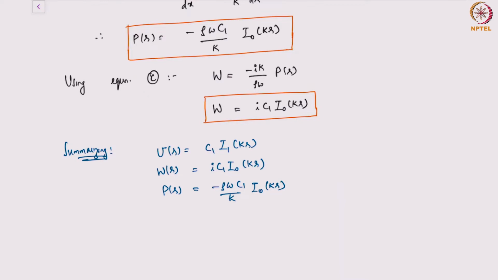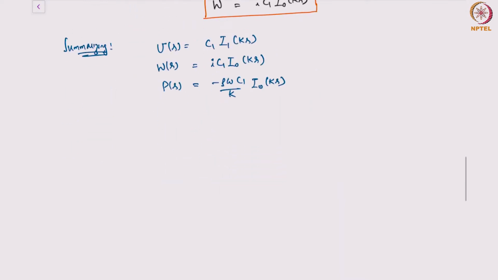Notice that W has an I sitting in front. If you were to write it as an argument in terms of a phase, I could be replaced with e power I pi by 2, and that will be like quarter wavelength, just as we had anticipated.